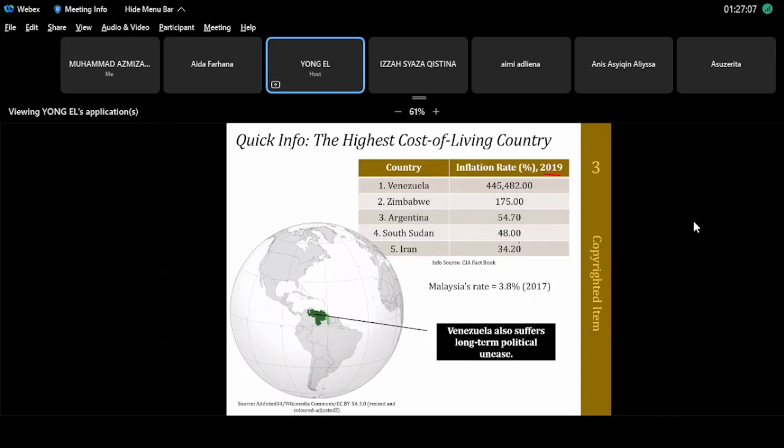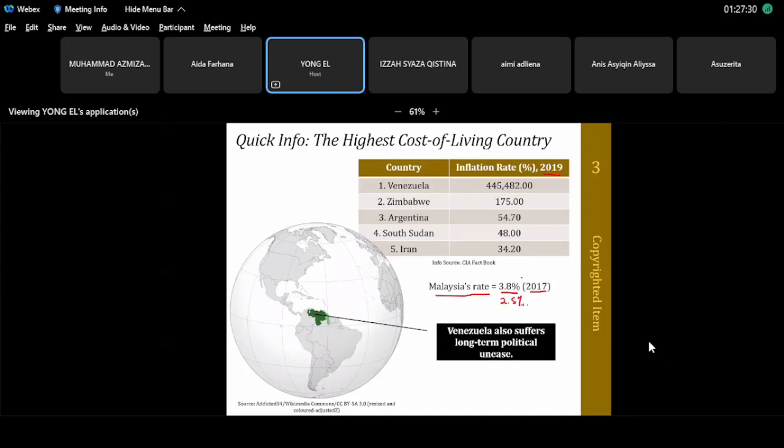Just to look at a little bit of comparison right here. If you look at the Malaysian inflation rate, it was 3.8% in 2017. But recently, when I checked the data for 2021, I think the rate is about 2.5%.